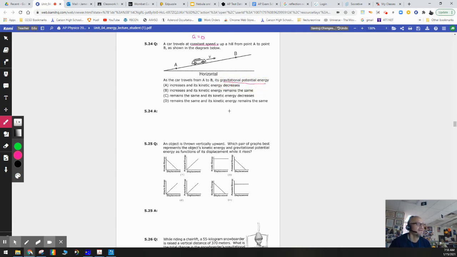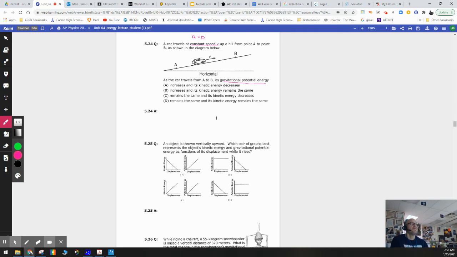Is it increasing as kinetic energy decreases, or increasing as kinetic energy remains the same, or decreasing as kinetic energy decreases, or does it remain the same as kinetic energy remains the same? Okay, so go ahead and hit pause, and then after the EdPuzzle question, I'll give some commentary.